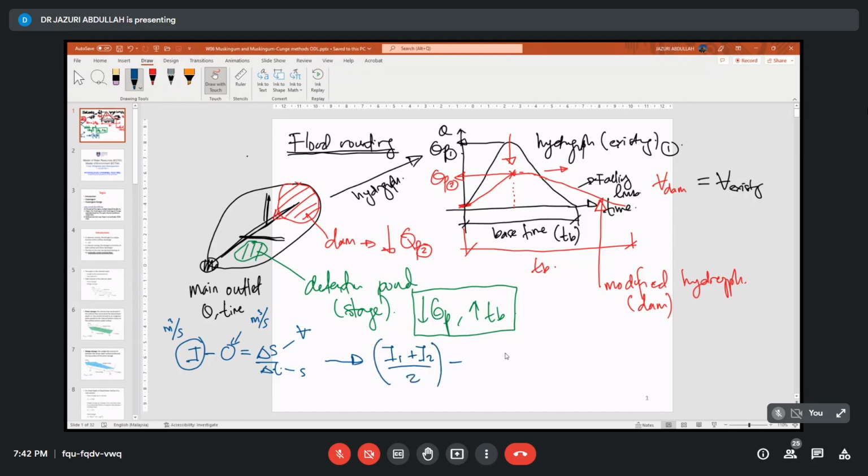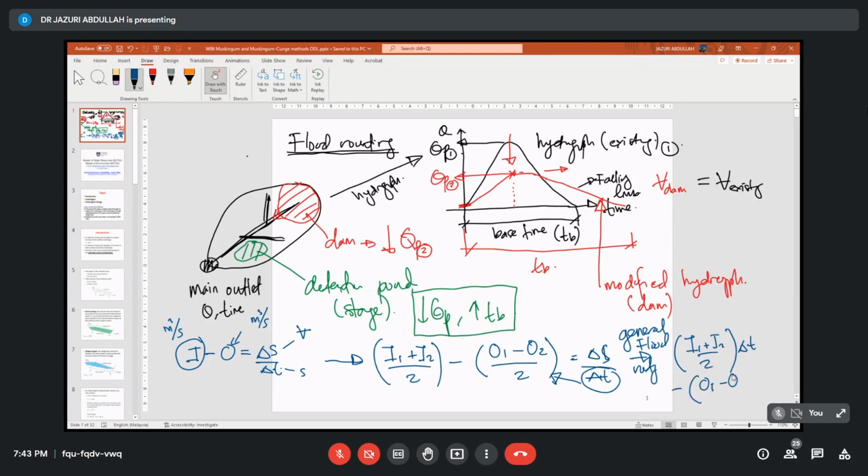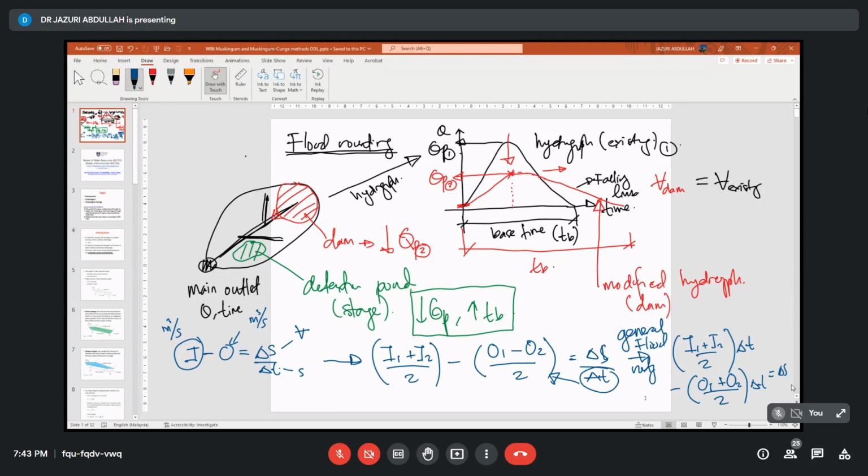Okay, so kita akan tolakkan kepada outlet 1 minus outlet 2, so you divide into 2, and then you will get the delta S over delta T. Okay, and then you bring this delta T into the equation, so you akan dapat satu equation, we call it as a general flood routing equation: (I1 + I2)/2 times delta T, minus (O1 + O2)/2 times delta T, equal to delta S. Because the delta T you bring into the left hand side, so this is the general equation yang kita akan pakai for the rest of the flood routing.